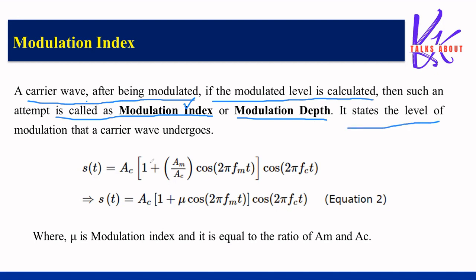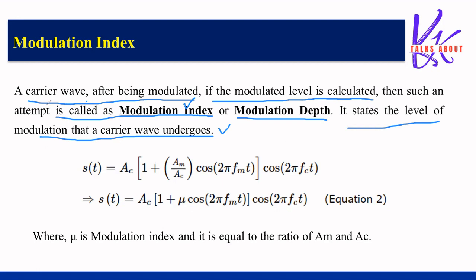It states the level of the modulation that the carrier wave undergoes. Level means whether it is less than 100% or equal to 100% or greater than 100%. That is what under modulation, exact modulation, and over modulation are.